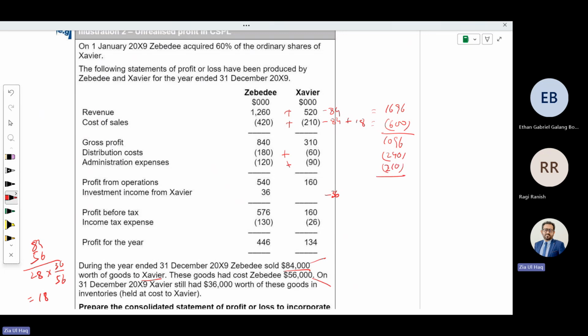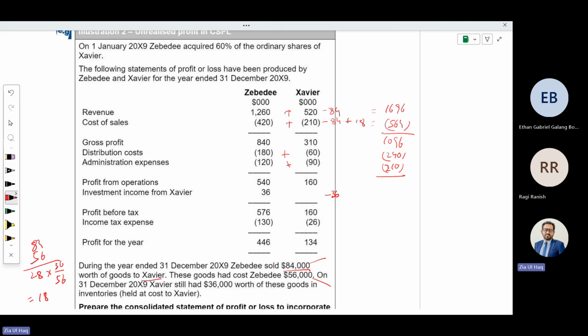We can calculate profit from operations. Cost of sales, that's a total 564: 420 plus 210 plus 84. 564.